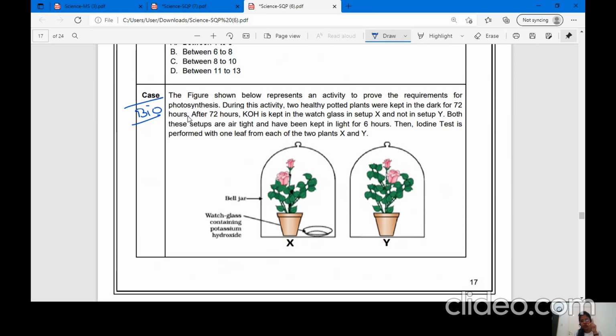During this activity, 2 healthy potted plants were kept in a dark room for 72 hours. When we keep a plant in a dark room, that process we call de-starching of the plant. So all the starch present in the plant will be consumed. After 72 hours, potassium hydroxide is kept in a watch glass in setup X and not in setup Y. This is the plate where potassium hydroxide is kept.